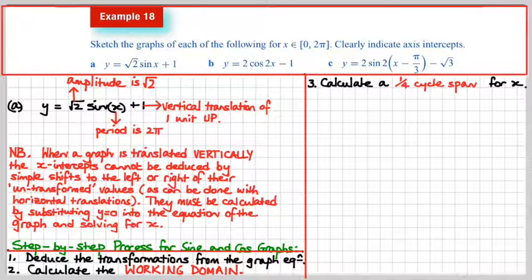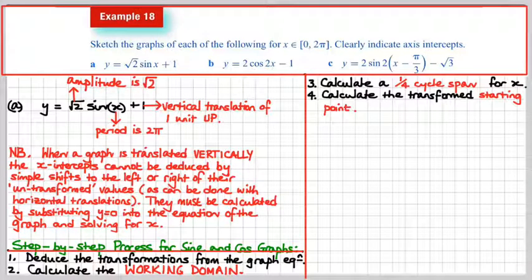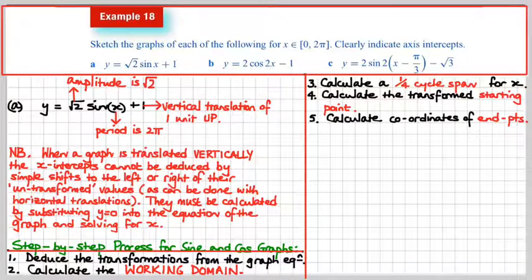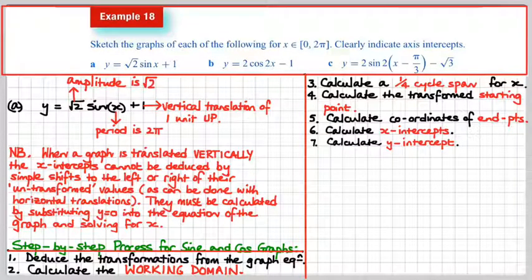Now, a third thing I work out, and I recommend it to you, is what a quarter cycle span is for x. And then fourthly, I calculate the transformed starting point of this graph, because that's where I start from with my sketching. Then fifthly, I calculate the coordinates of the end points, and then I work out the x-intercepts and then the y-intercept, only one of them.